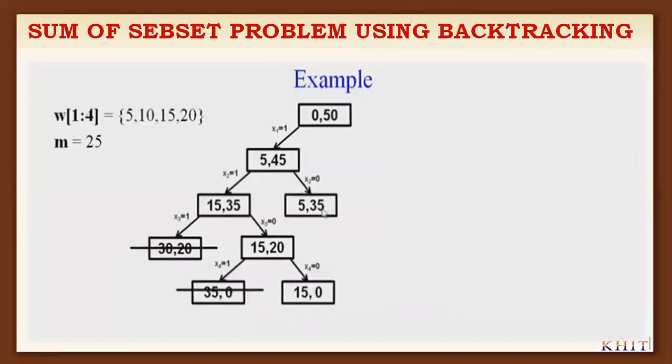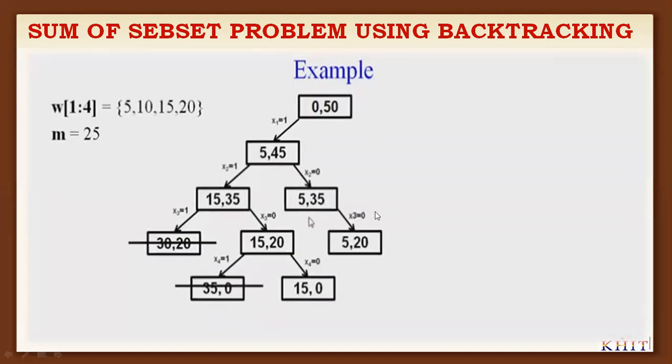Okay. So next, apply backtracking, go back. Even with x1, x2 selected, I am not getting the solution. Next, if I do not select x2, I am not getting the solution.